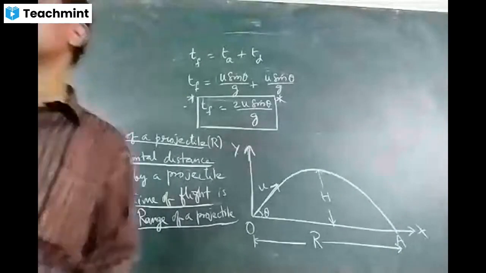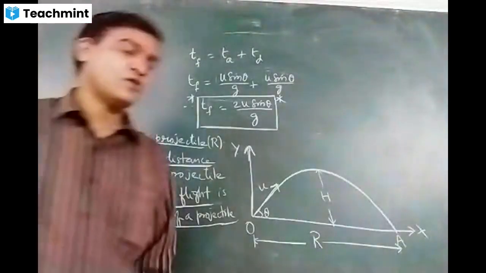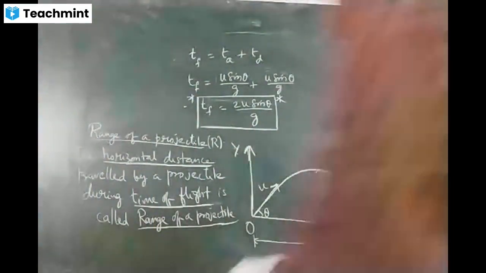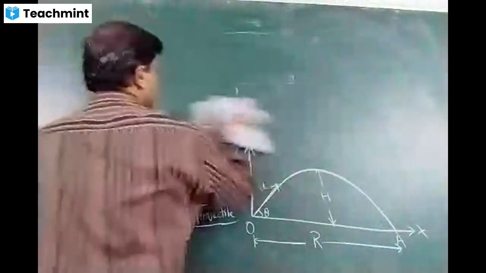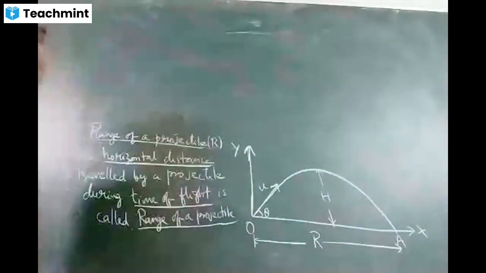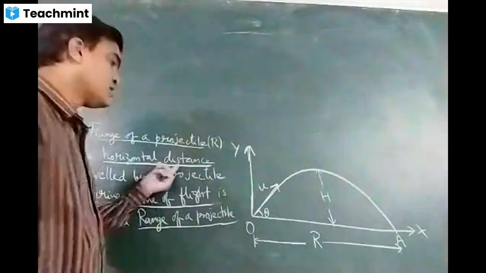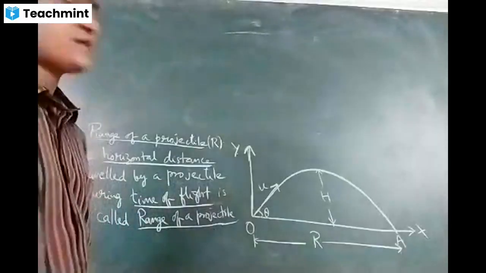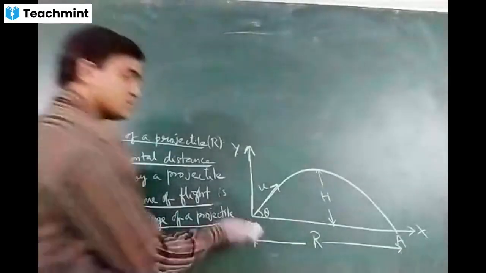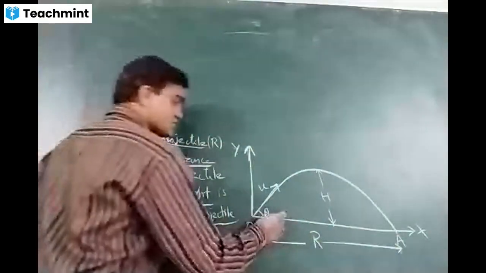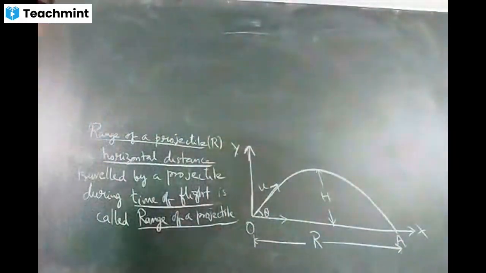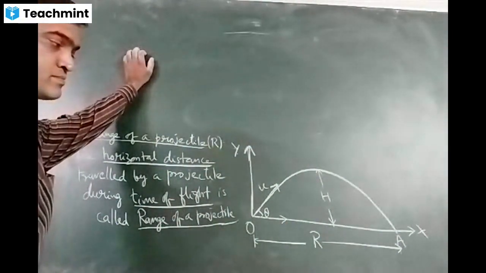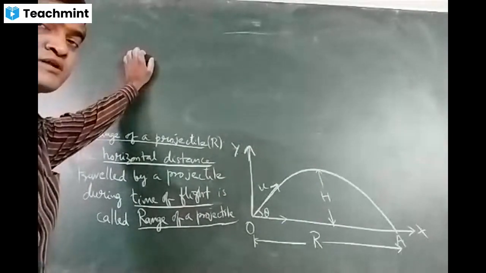But how to find the horizontal distance? This is important. Horizontal distance traveled by a projectile during time of flight. Horizontal distance means OA. Along this direction, do you have any component of velocity?